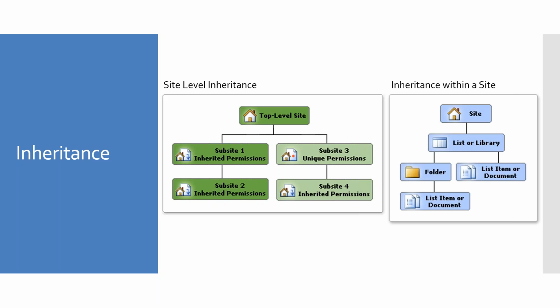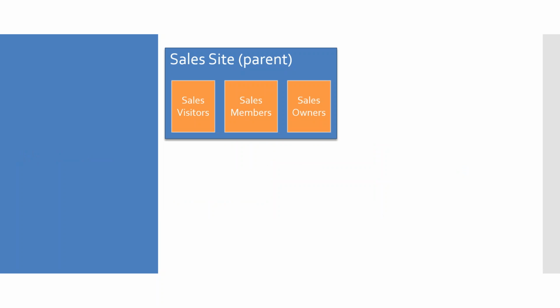Within the site, the same thing applies to lists and libraries. So any list or library would inherit from the site by default. Folders or root level documents or list items would inherit from the list or the library, and items within the folder, including subfolders, would inherit their permissions from the folder. So that's kind of the basics there.